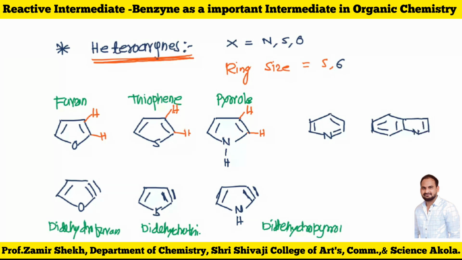The first molecule is pyridine and this is indole, or benzopyrrole, from which we can prepare their arynes.